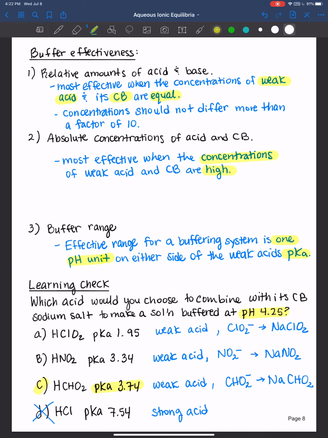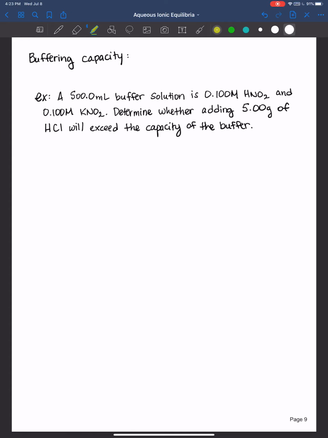All right, so now we know how to create a buffer and some things to consider in making a good buffer. But buffers have their limits. You can destroy a buffer. It's not always going to keep neutralizing added acid or base. You can break it, and this is called the buffering capacity.